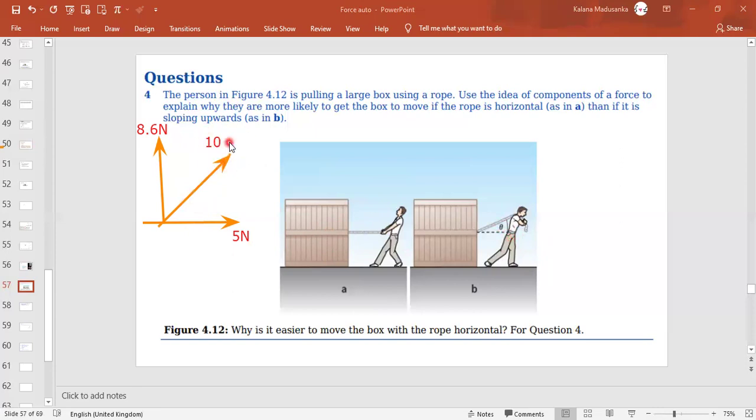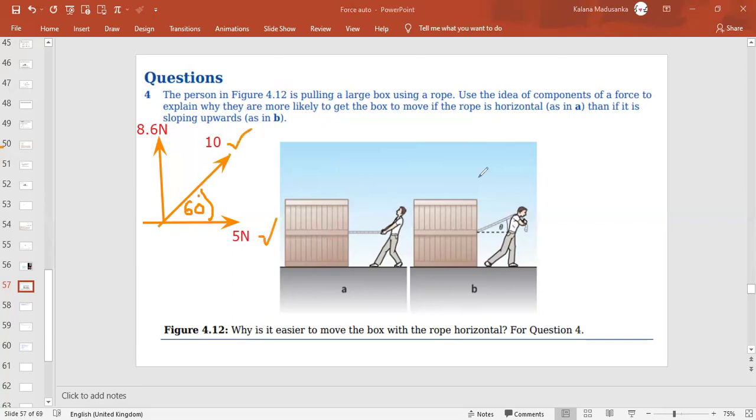It becomes 10 newtons, right? So it basically becomes double, right? So what is that exact angle? The exact angle was 60 degrees, right? Which means that if you pull anything at 60 degrees to the horizontal, the value becomes double.